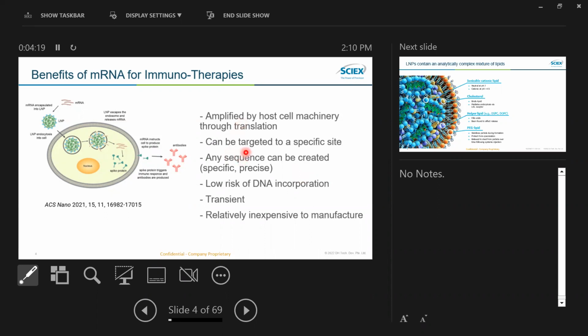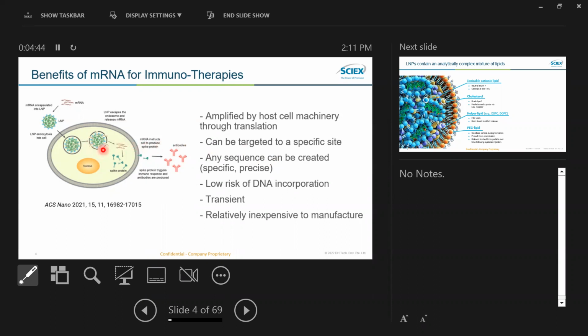The mRNA can be targeted potentially to a specific site. So there's a precision aspect, or precision potential, of using mRNA. You can create a sequence and then have it transcribed. So basically any sequence can be created very quickly.